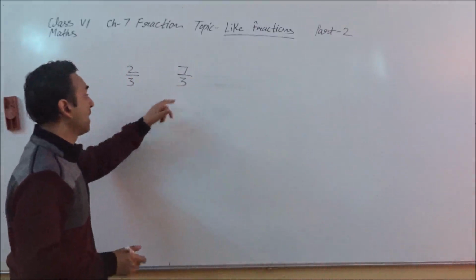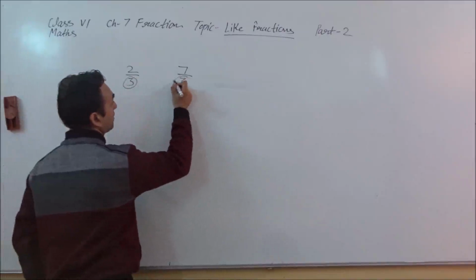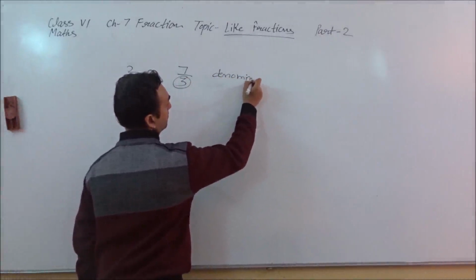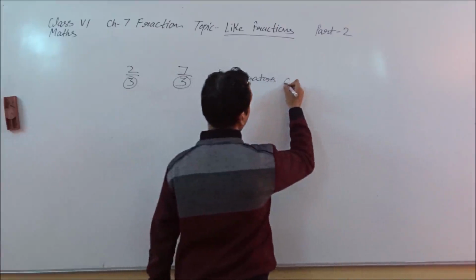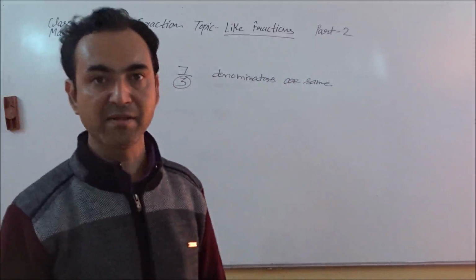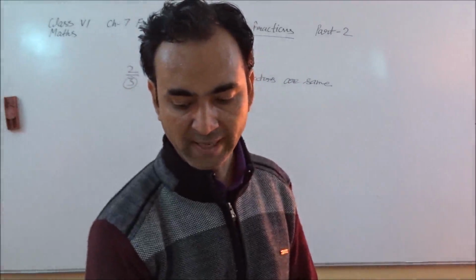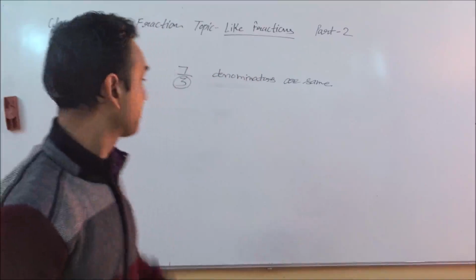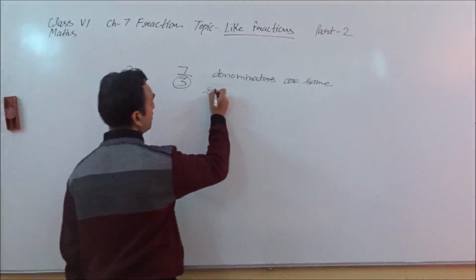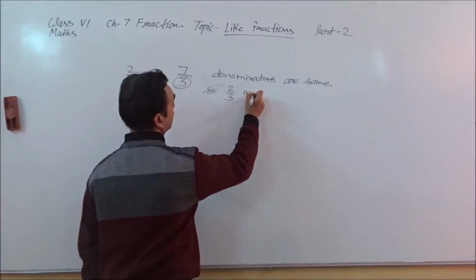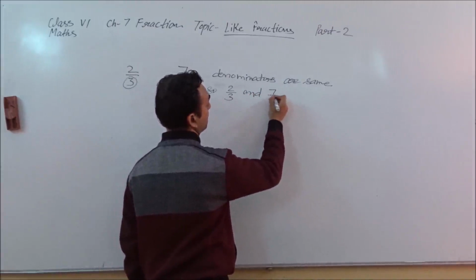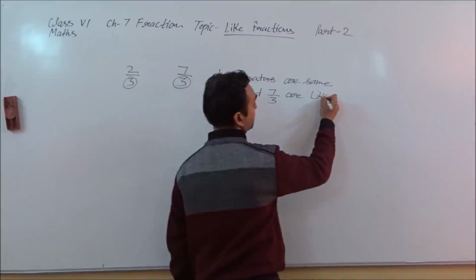Yes. Denominators are the same. So if two fractions have the same denominator, then we can say 2 upon 3 and 7 upon 3 are like fractions.